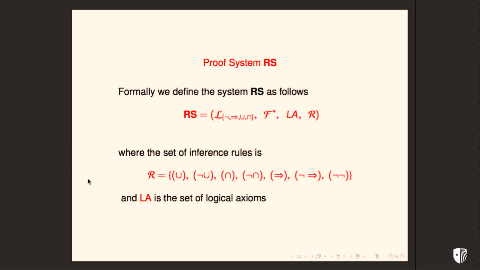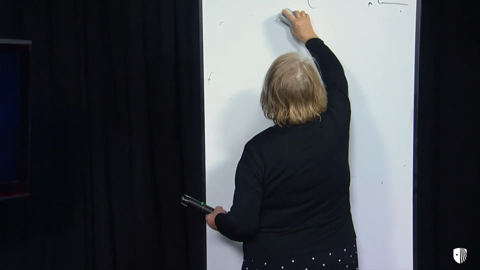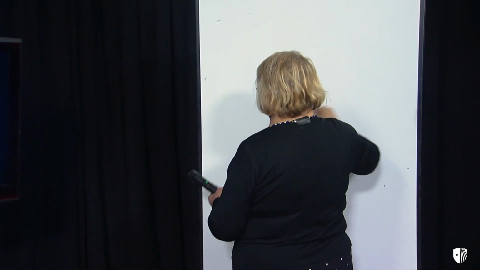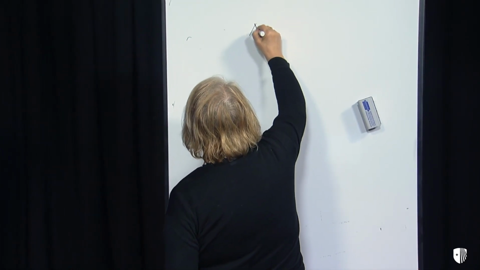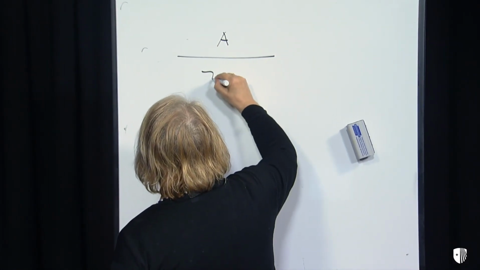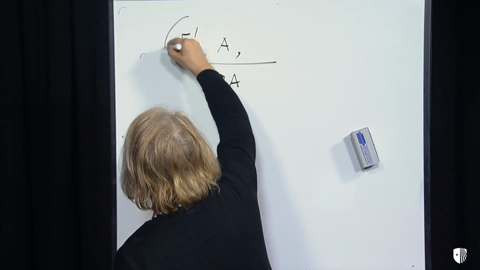Each introduces a connective or negation of a connective, except for double negation, and double negation is only one, because you cannot introduce just negation. You introduce double negation, which says that if you have A, you can write double negation of A, and you have your information.